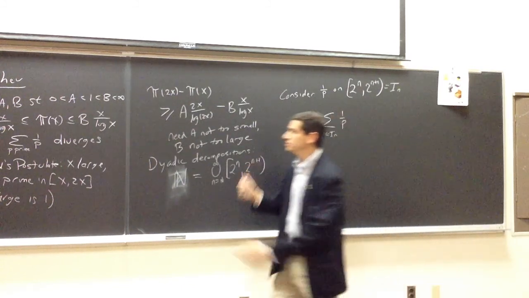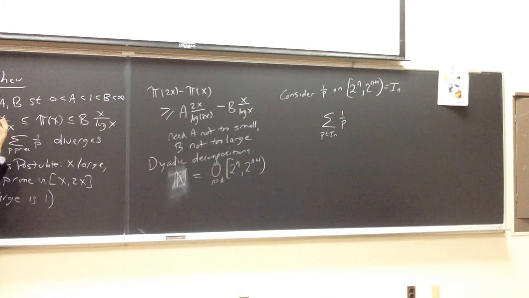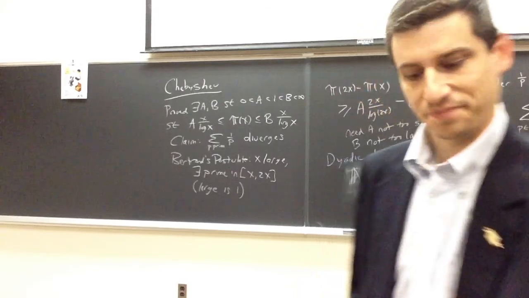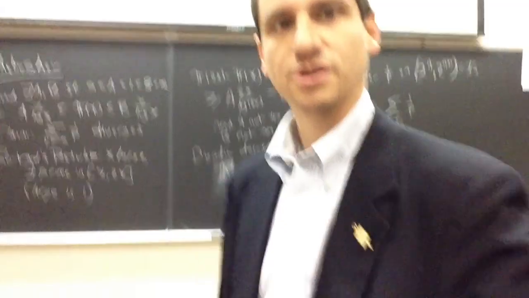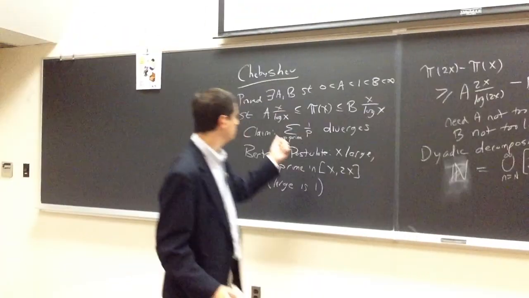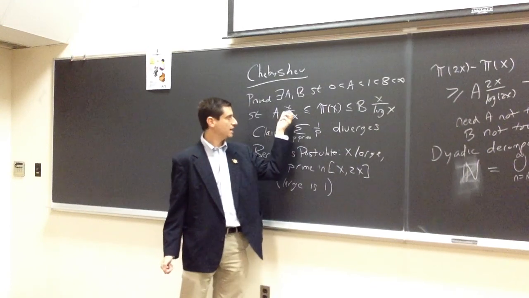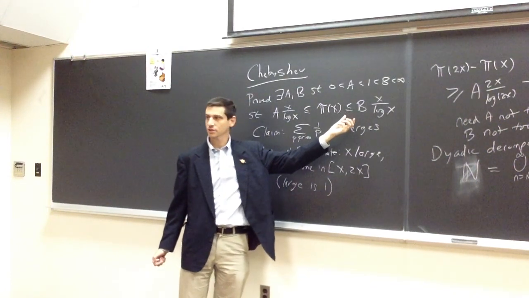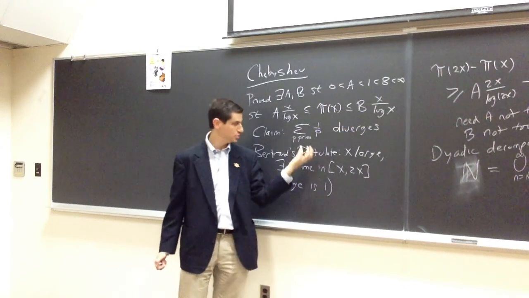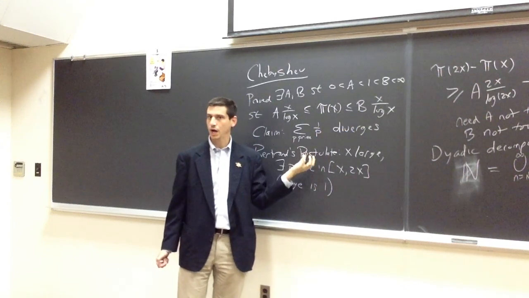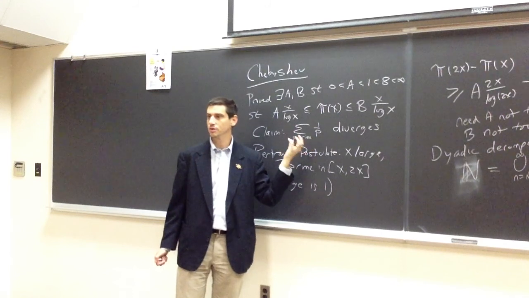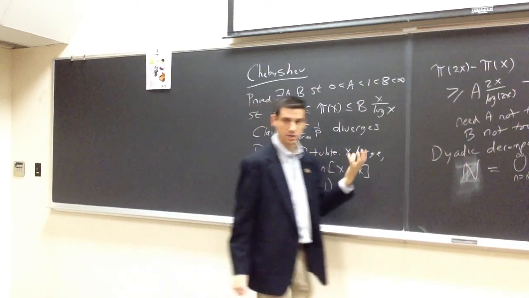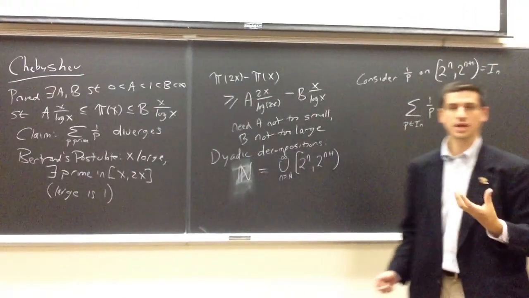So Chebyshev tells us there's A and B such that the number of primes satisfies a x over log x is less than or equal to pi of x, which is less than or equal to b x over log x. I'm trying to make the sum as small as possible. How many primes will I have to assume in my interval? A x over log x, where x is going to be 2 to the n.